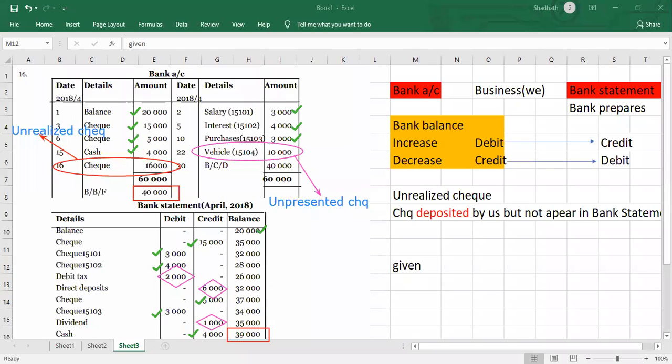Two entries, unrealized and unpresented, are recorded in the bank account but not appearing in the bank statement.